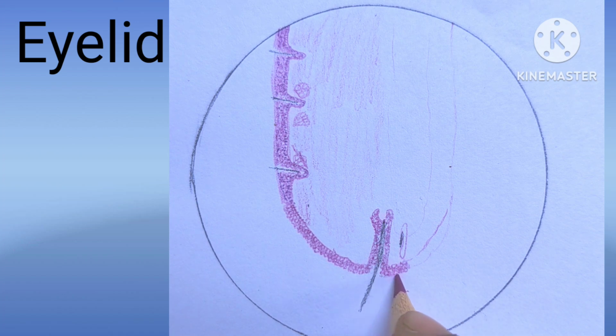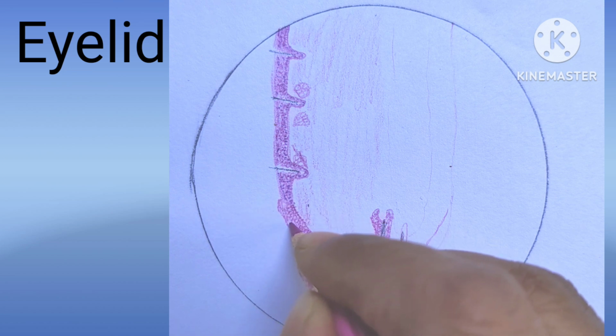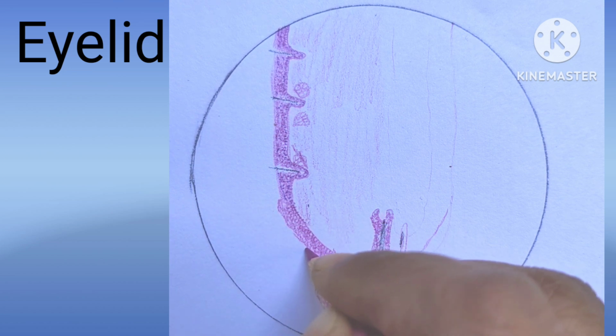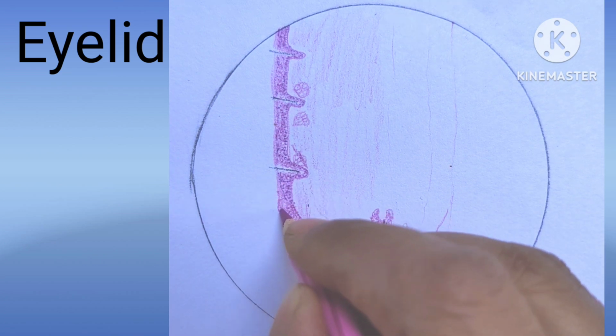The eyelashes will be rows of one or two layers. That's keratin.